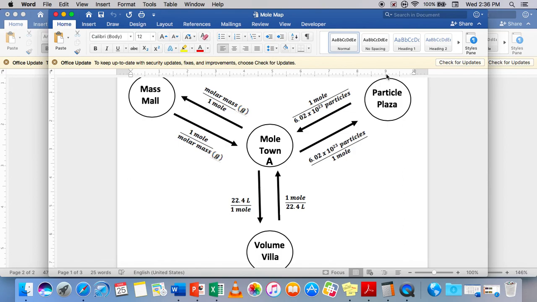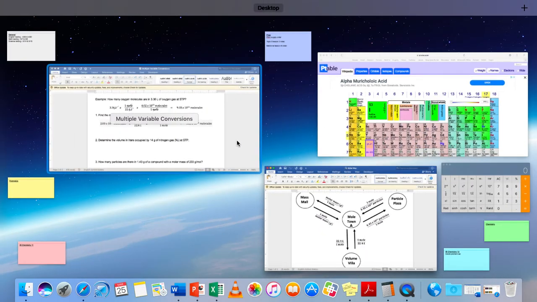If I'm here, my first step is to convert to moles. Okay, so I'm going to use this conversion: 1 mole divided by 6.02 times 10 to the 23rd particles.